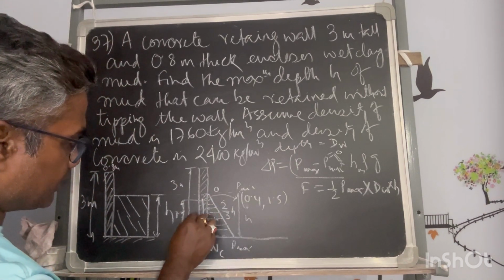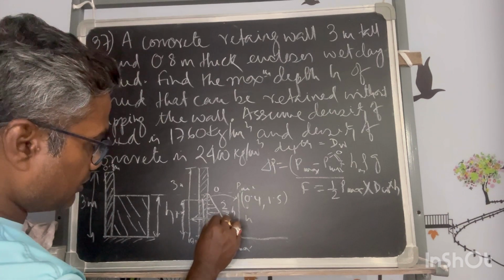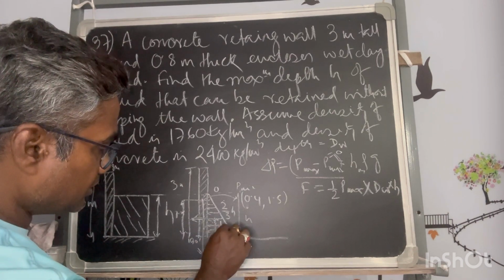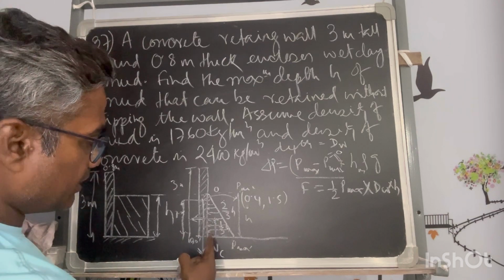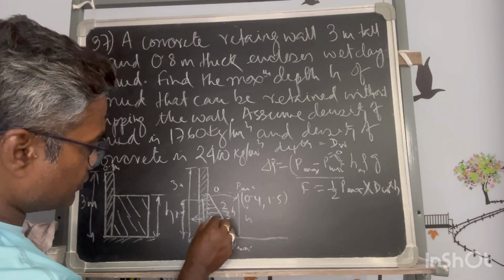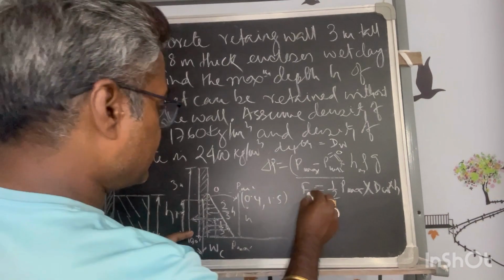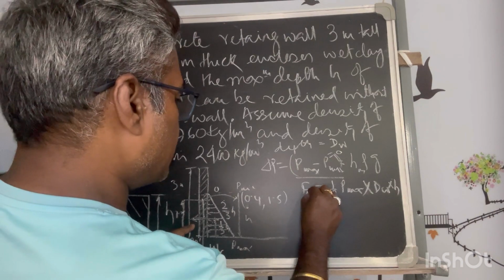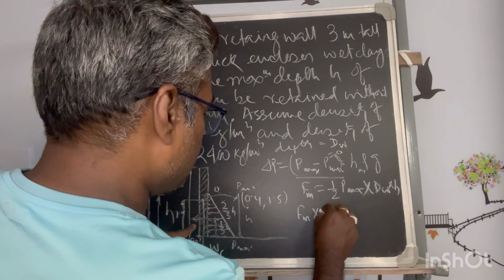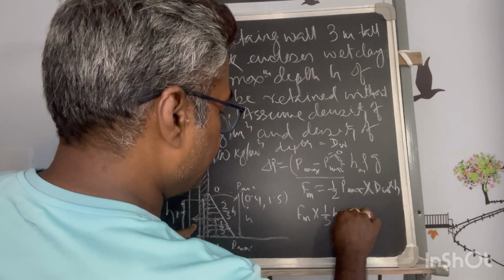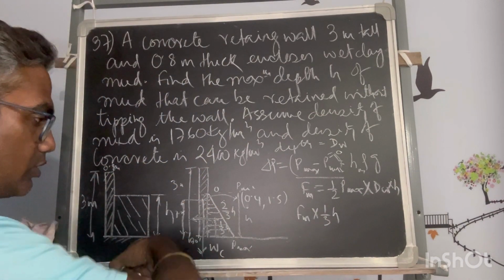This is the force acting at 1/3 from the height, because the height you have to consider from there. The moment I am considering this side. This is the force due to the mud, so the force due to the mud into the height, 1/3 of h, is acting clockwise.